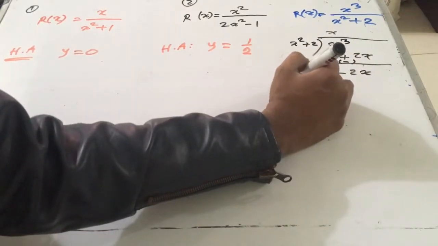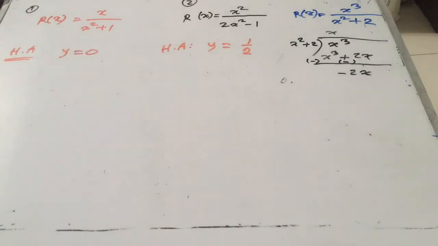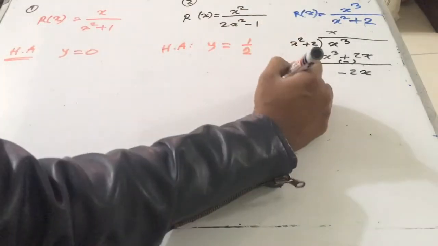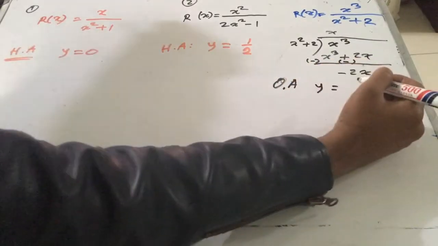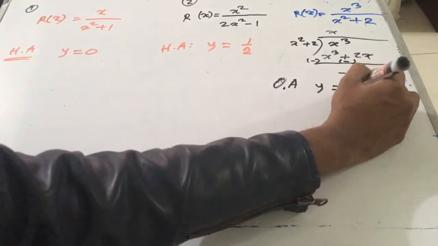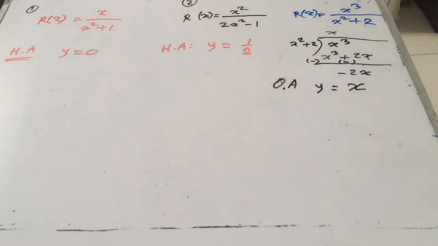Then the oblique asymptote of this question, let me change the marker, is y equals to x. That is the oblique asymptote for this question.